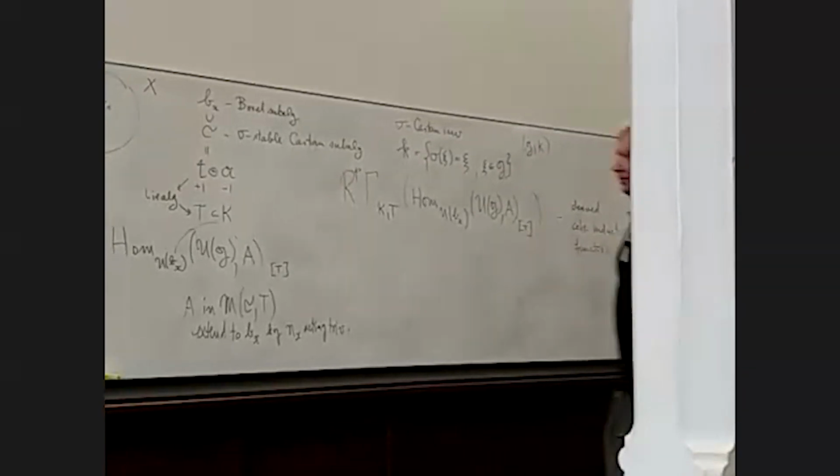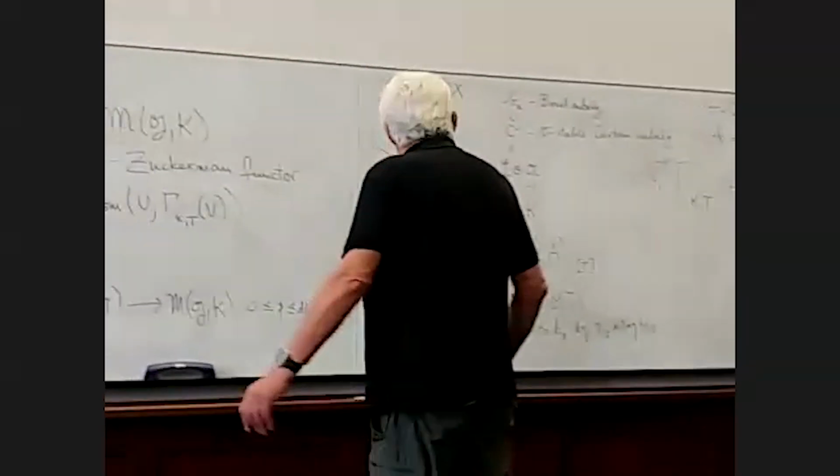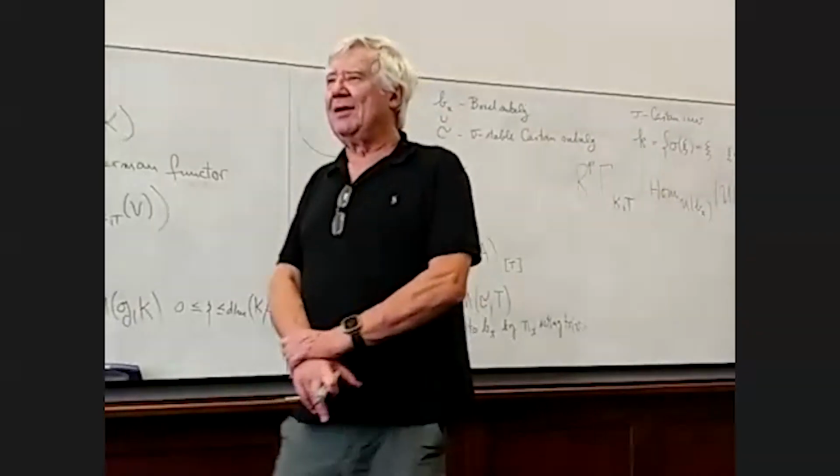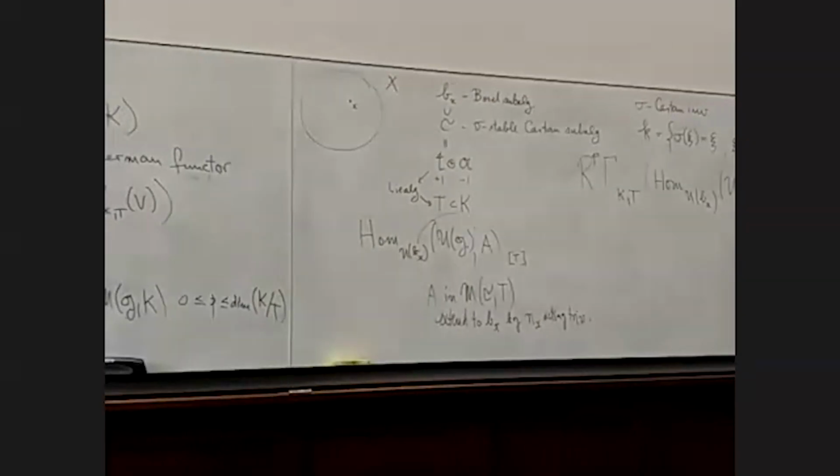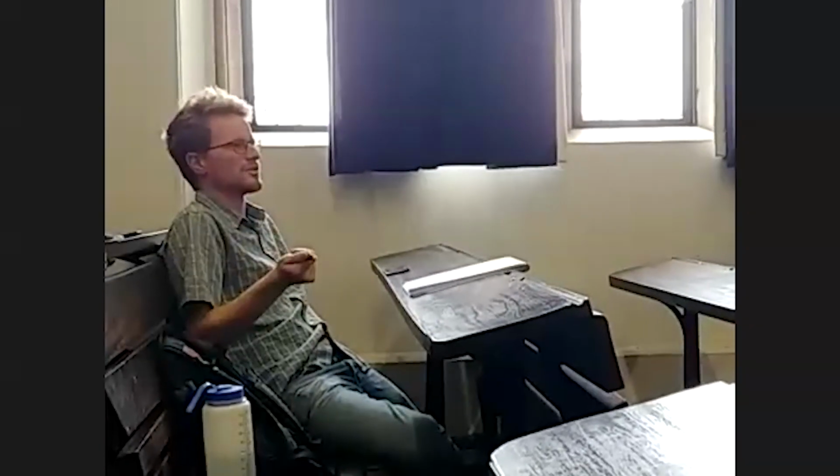So now, well, I don't know. For me, when I see this, because I know that if you take this co-induced functor, if you take the G-finite vectors in it, that's the same thing. It's just geometry. So we're not going all the way to G. We're just going to K.